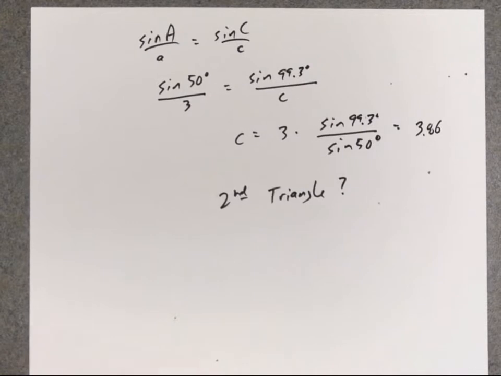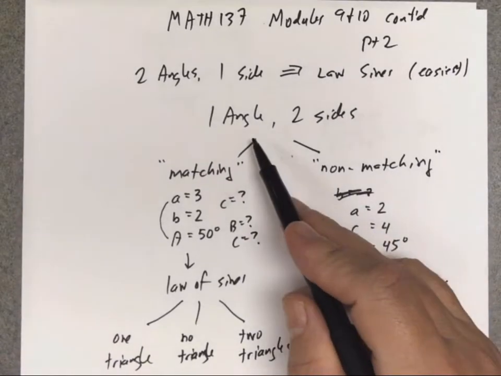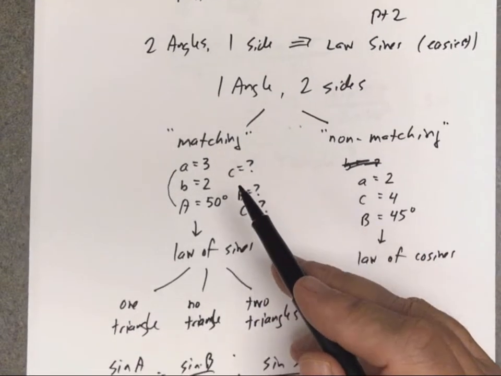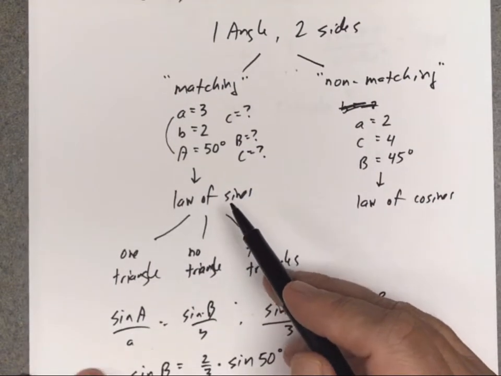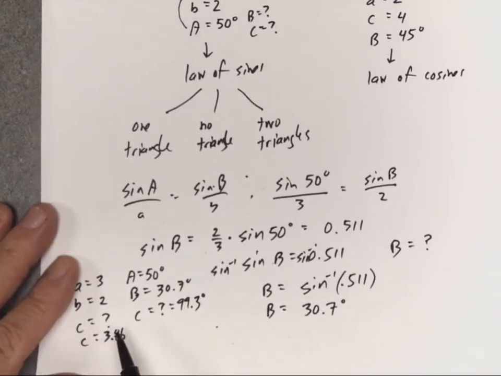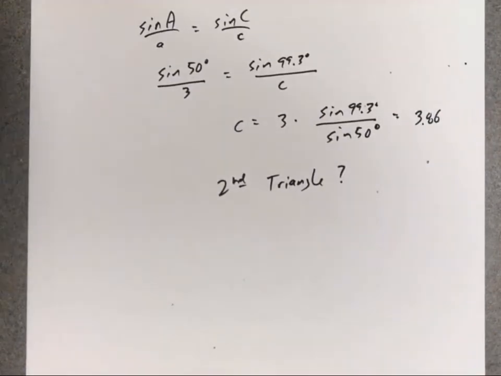But the key is, whenever we have one angle, two sides, and it's matching, where we use law of sines, if you get one triangle, you have to go check the second triangle. Now here's the key.